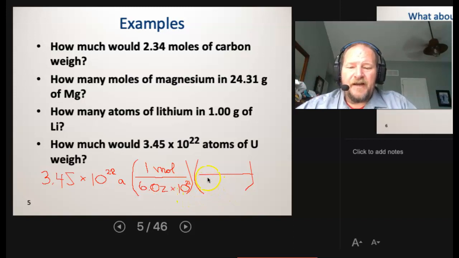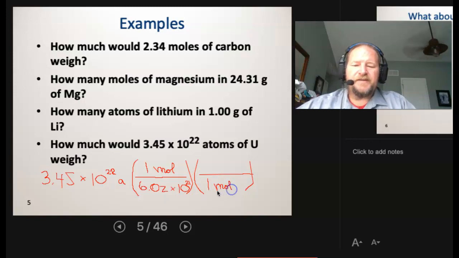And then over here, we're going to have 1 mole. Since we're looking for a mass, the moles will cancel out.